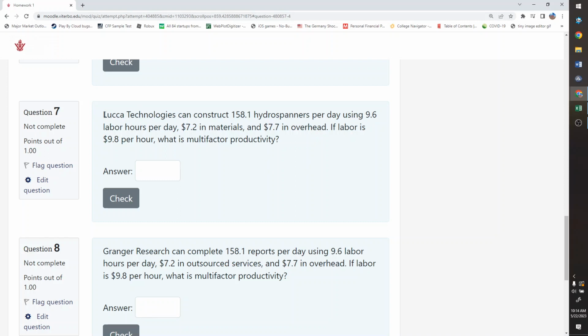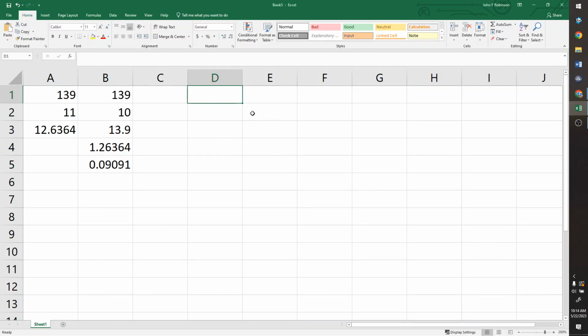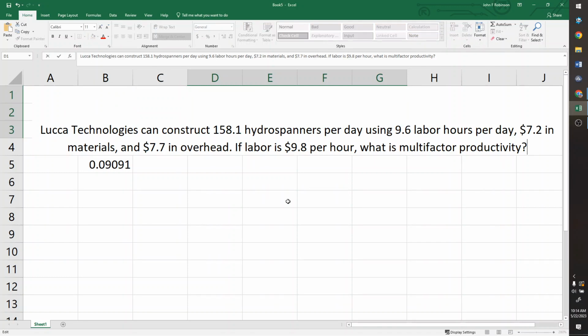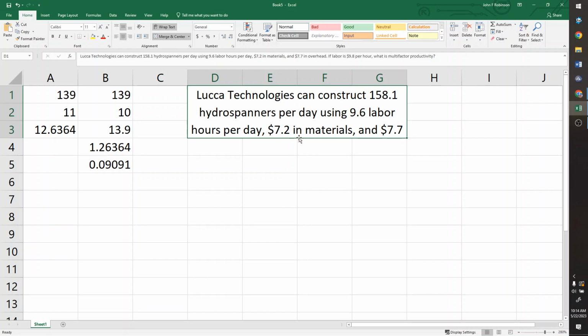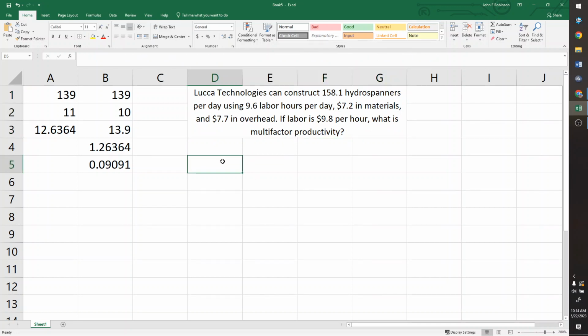So I'm just going to go ahead and copy this into Excel, and here we'll just paste it in. Oh, wrap text. There we go. And make the font a little smaller so we can read it. Okay, so we have 158.1 using, all right, so this is output.